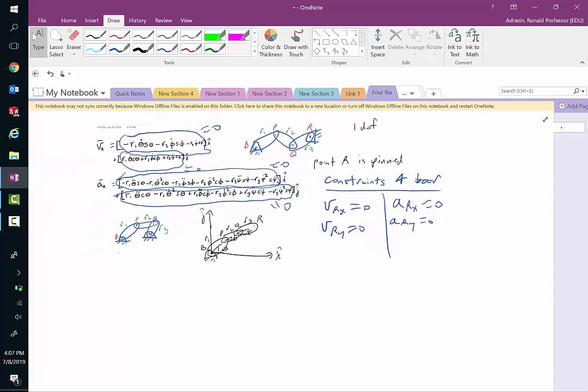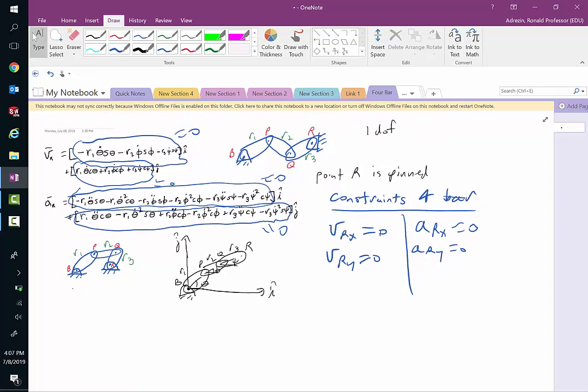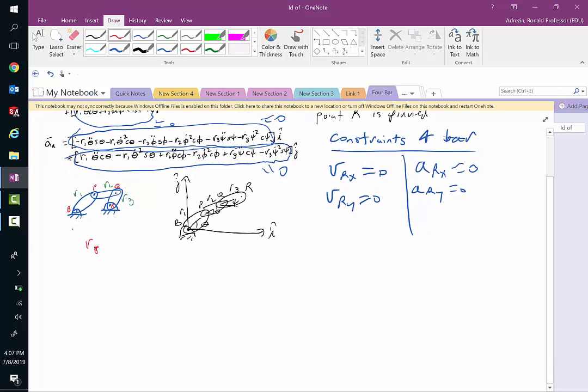So what do we have? Let's maybe work over here so I can zoom in a little bit. If I just look at my first two equations, if I only care about velocities, what do I have? I have length R1, length R2, length R3.